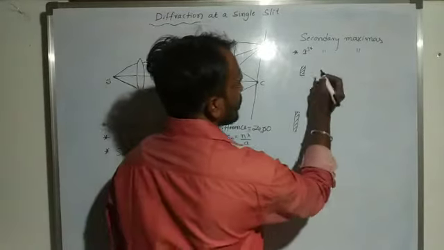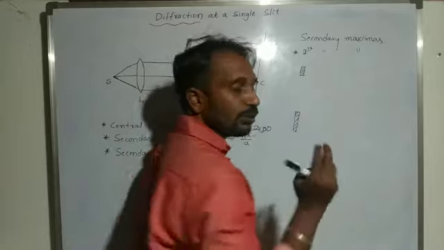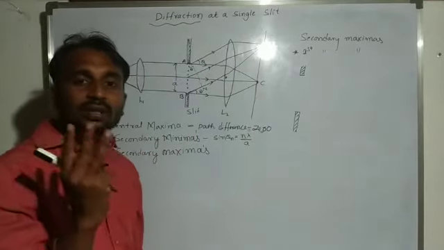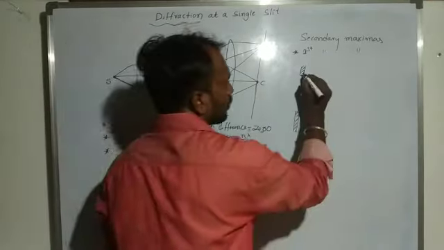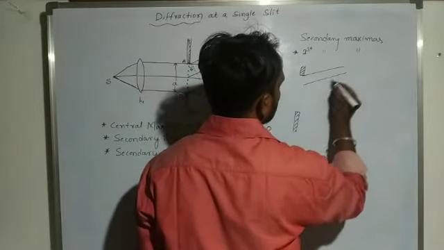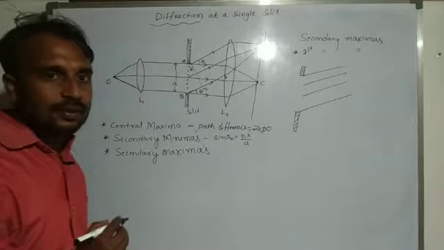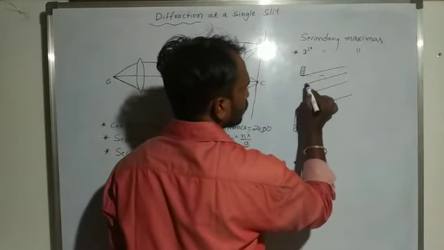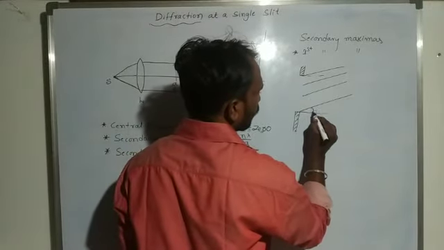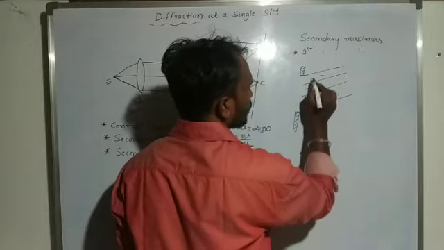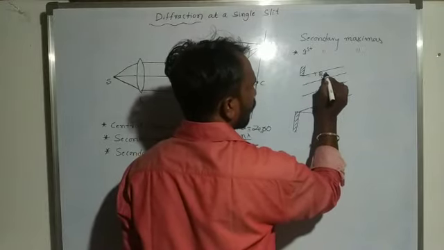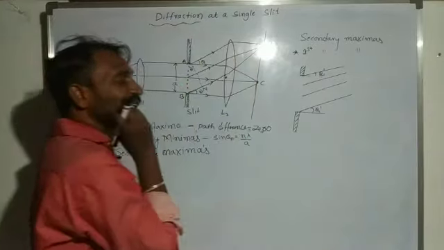So here this slit is made into 3 equal parts. So theta 1 dash, and this is also theta 1 dash. Why do we consider theta 1 dash here?